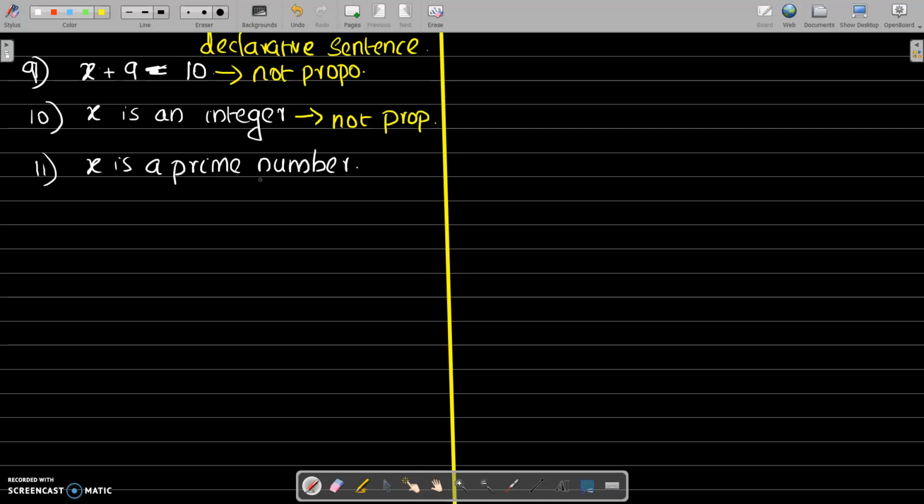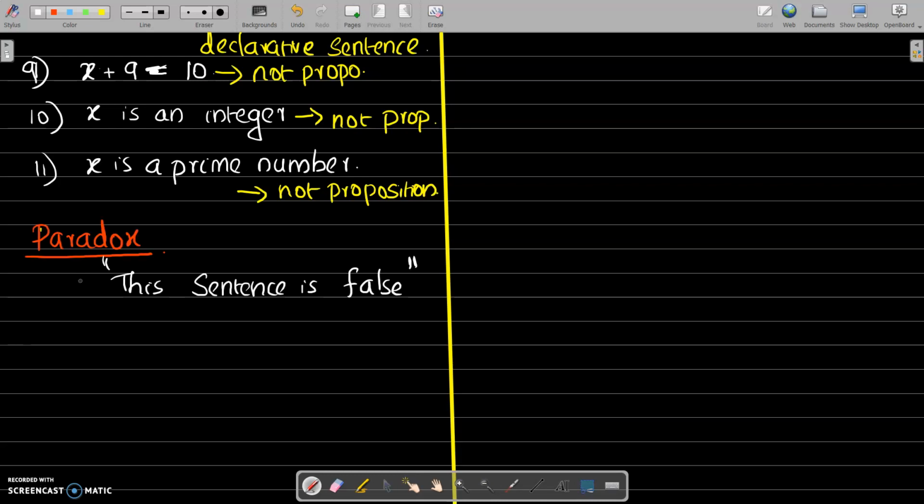Next, again we can easily say that x is a prime number is not a proposition. This is a declarative sentence that declares a fact, but it does not deal with the truthness of this value. It is difficult for us to predict whether it is true or false. So such sentences are not propositions.